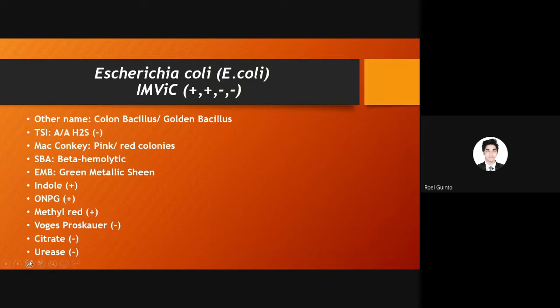So we need to discuss each of the microorganisms under the Enterobacteriaceae. First, we have Escherichia coli or E. coli. The IMViC reaction for Escherichia coli is positive, positive, negative, negative.